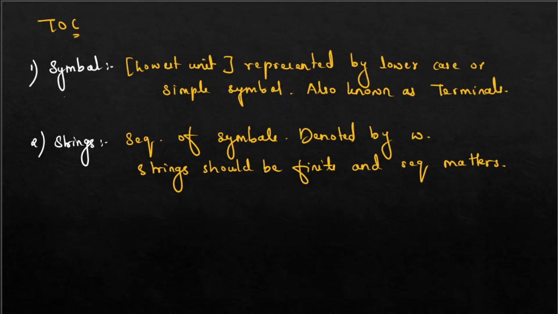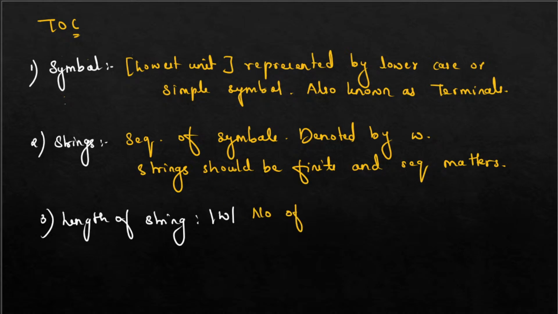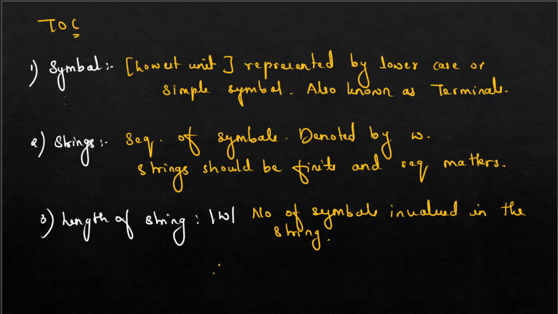Now the third one is length of string, which is denoted like this, |W|, which is the number of symbols involved in the string, let's say |W| equals 4, right?